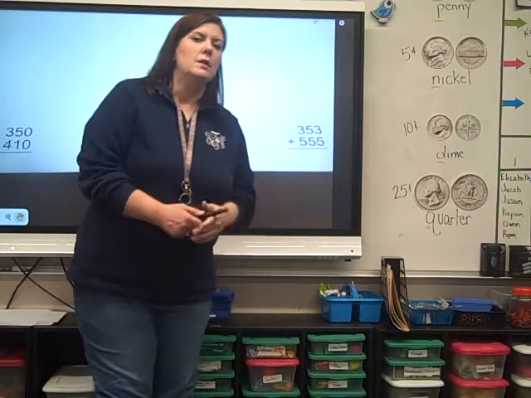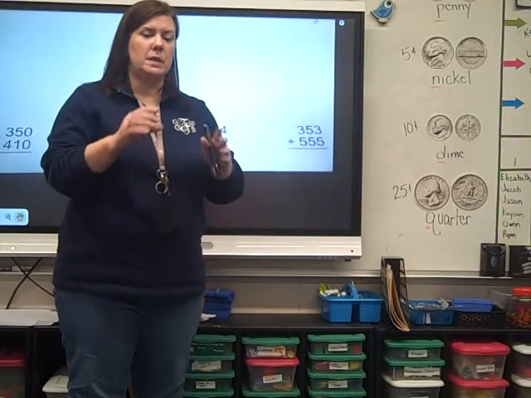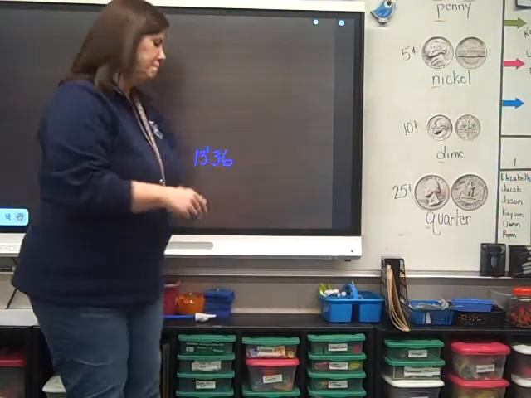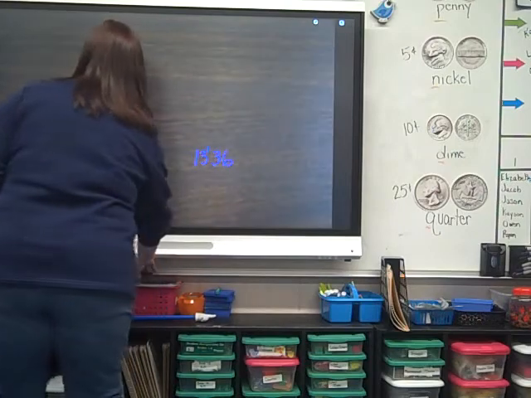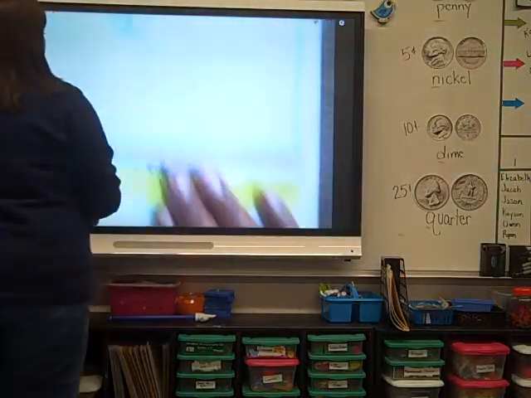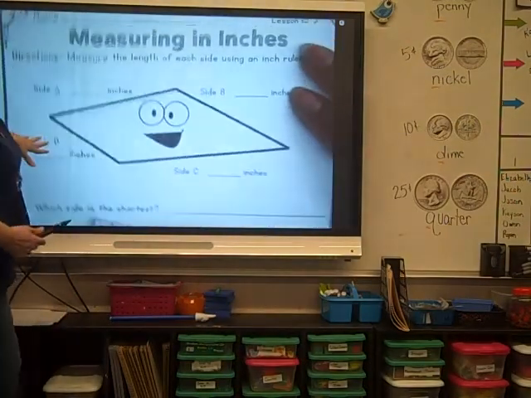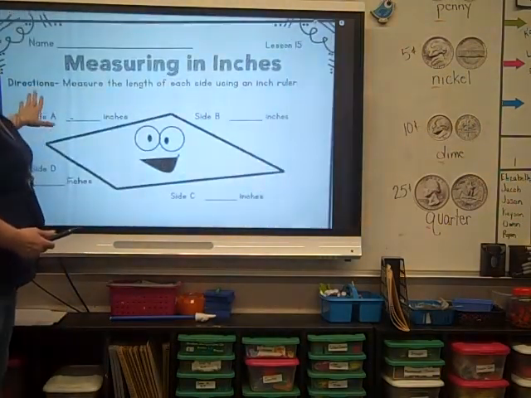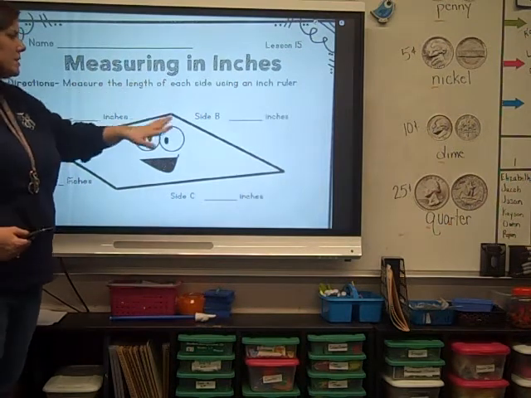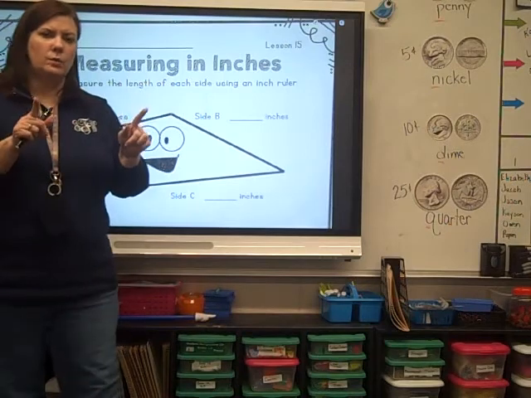All right, when you're ready, get your measurement sheet out. You need your measurement sheet and your little ruler, okay? All right, now, it says measuring in inches. So look on your little ruler.